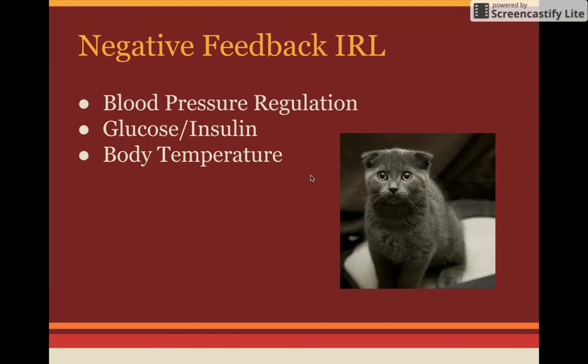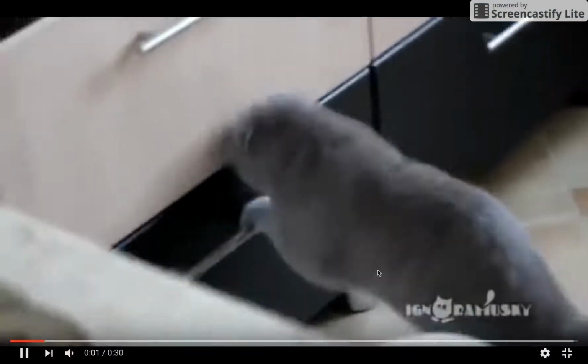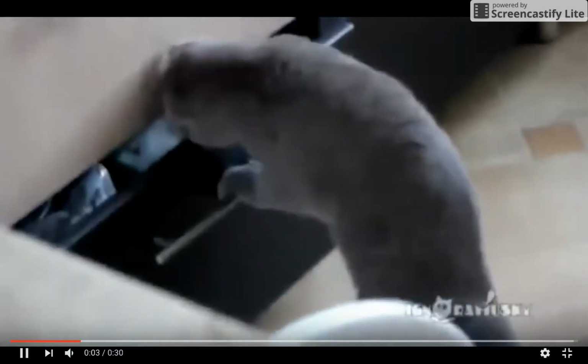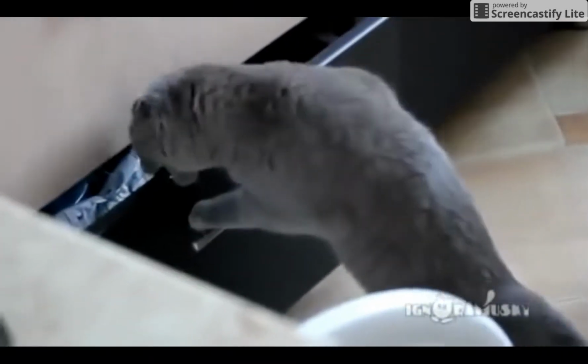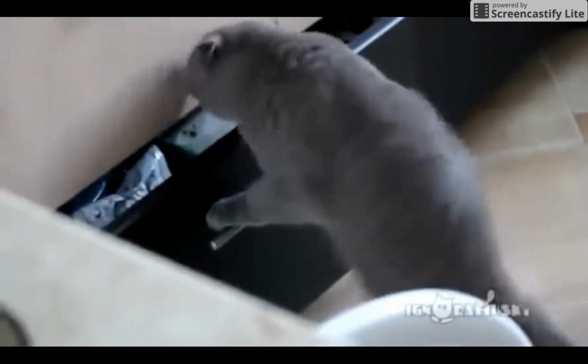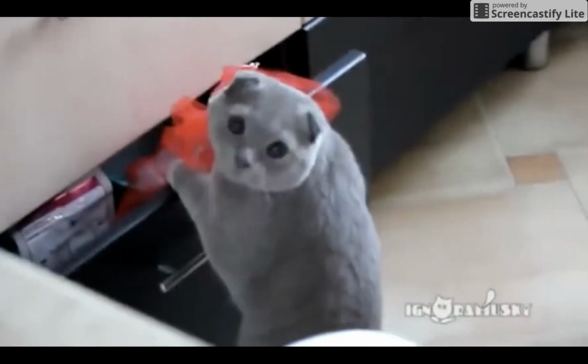An example of this in the cat world is this kitty right here. Right now, his behavior is opening up the freezer door, and he's continuing to do that until he gets caught.